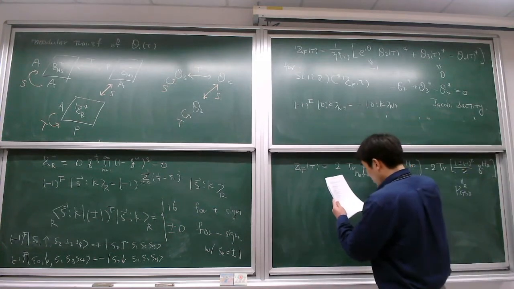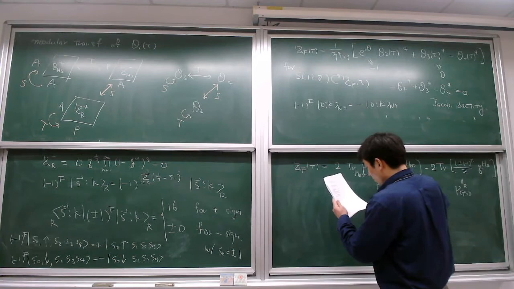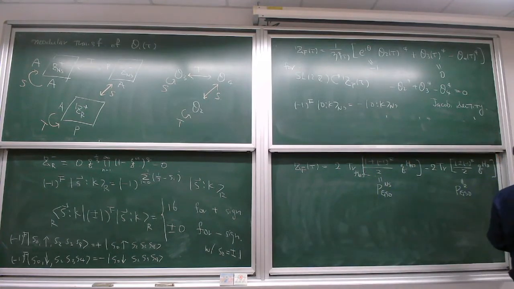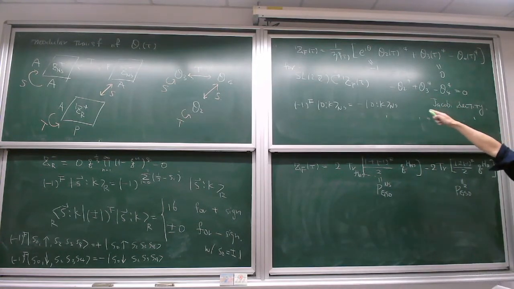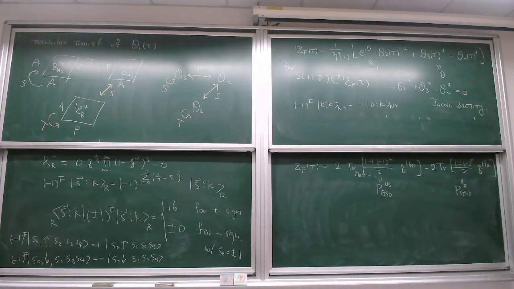Due to the presence of this one, you can just get rid of the tachyon mode, and here you get the physical partition function. If you put the minus sign, this combination can be written as the physical partition function. Okay, so let's move on to the type 2 string.